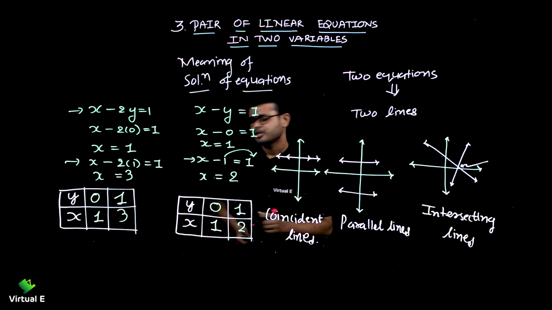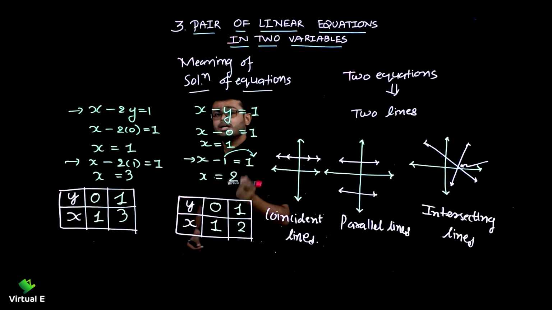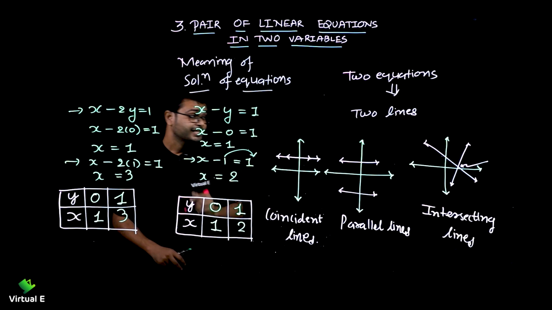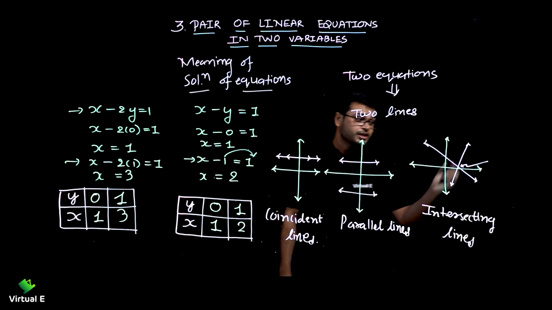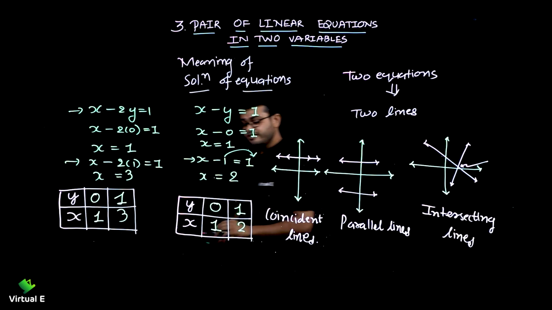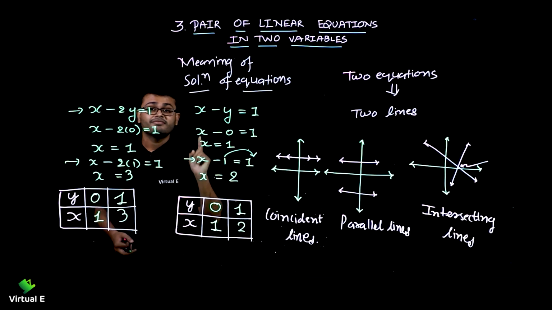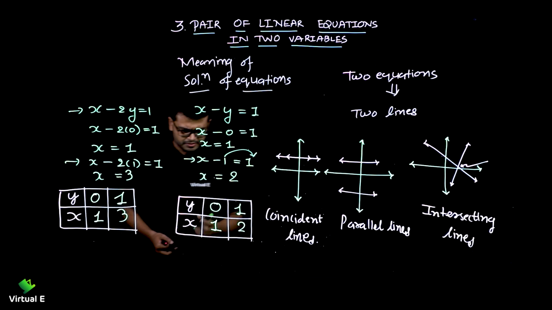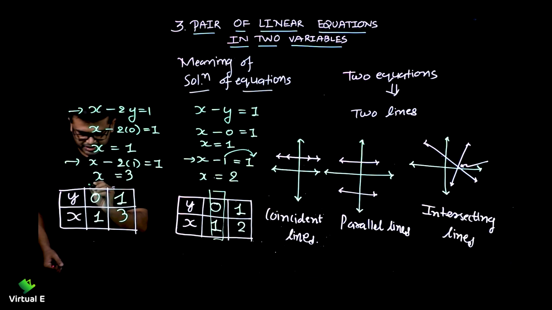So when we talk about the solution of the equation, we want to find the intersecting point. Intersecting point means what? What is the common point between this line and this line? So you can see from this table, there is one common point between both of these lines, which is 0 and 1, and same goes over here as well, 0 and 1.